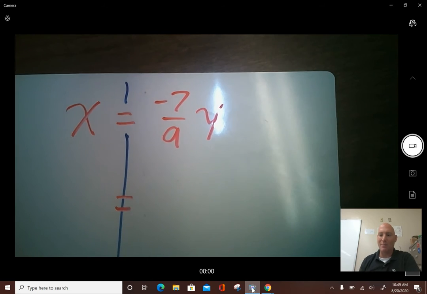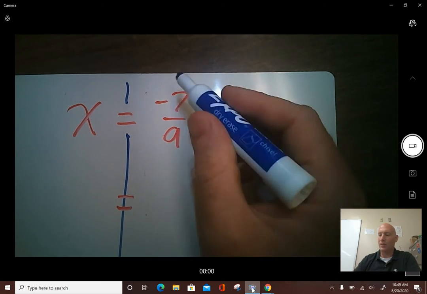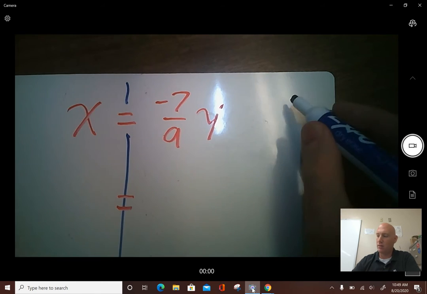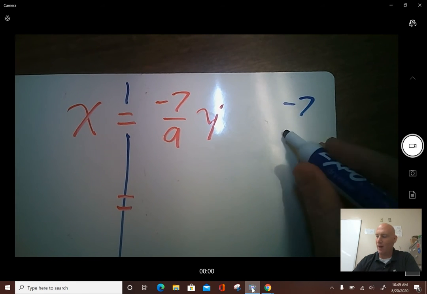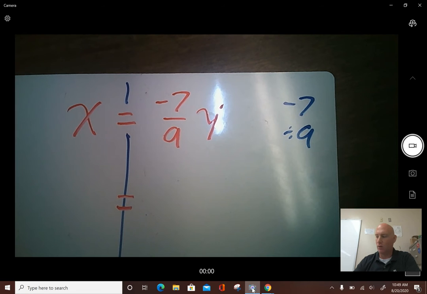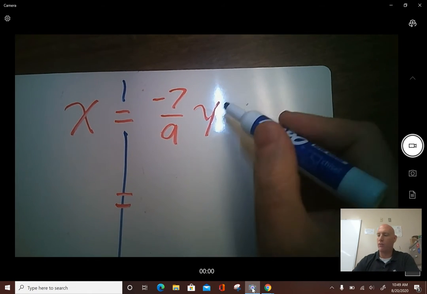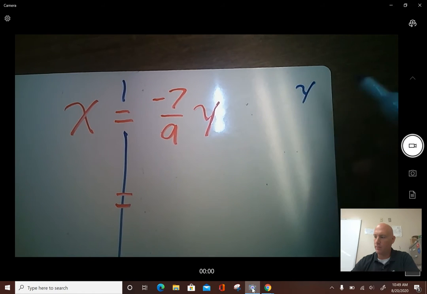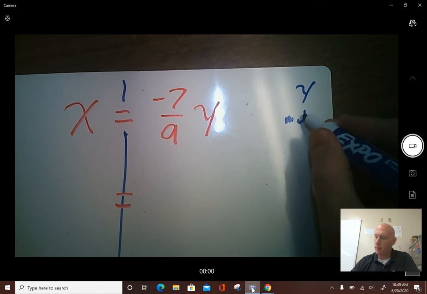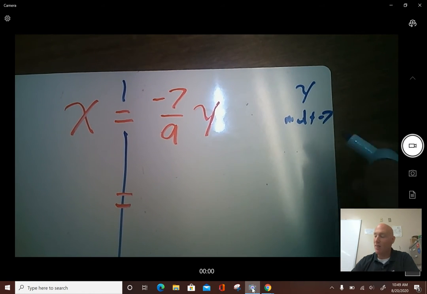So one way to look at this is it was negative 7, then it was divided by 9. Or, I'll put it in the frames we've been talking about. First, it was y. Then it was multiplied by negative 7. Then it was divided by 9.